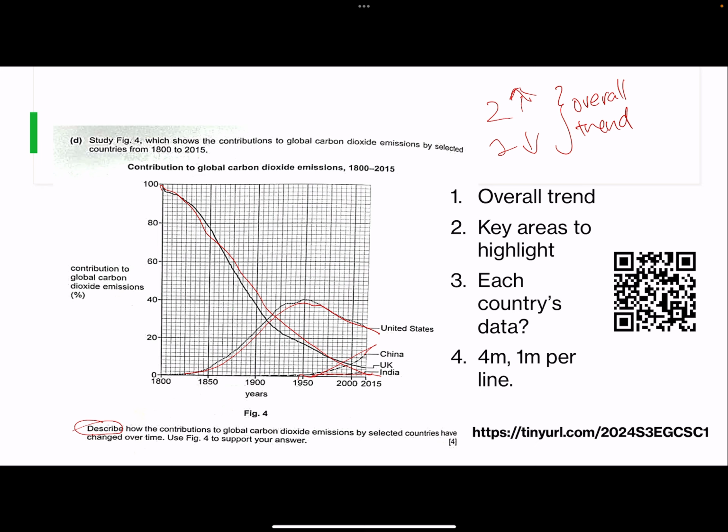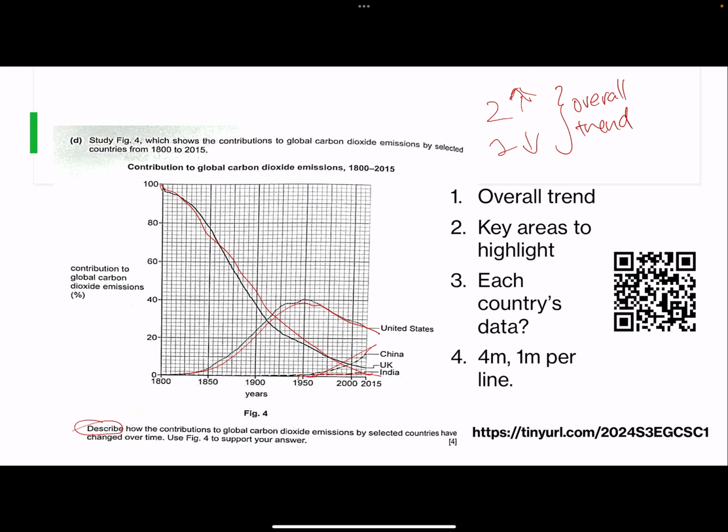Individually, I will need to cover all 4 of them. So let's start with the easier one. The easier one would be UK. The UK has been on a decreasing trend from 1800 to 2015, starting at 100% contribution in 1800 to where it is now, which is below 10%.